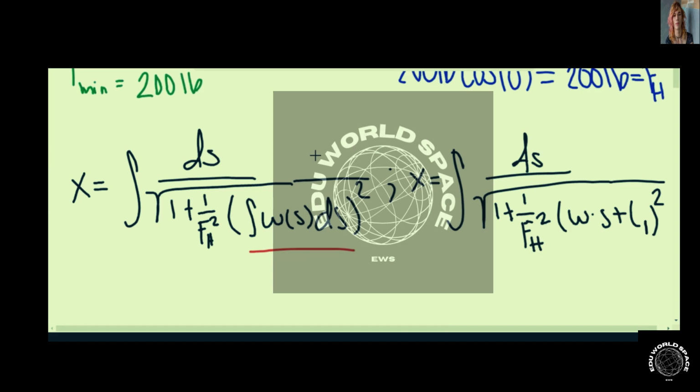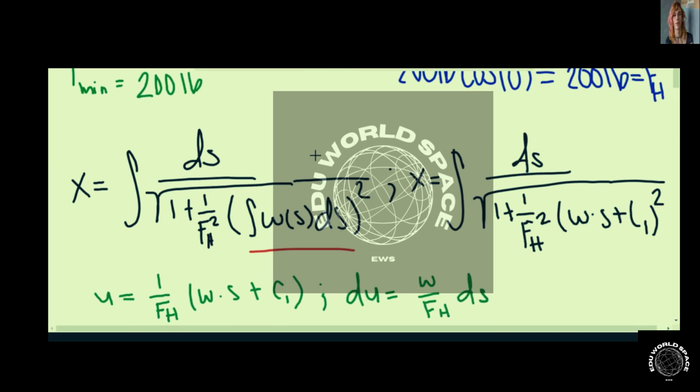Now, if we take the integral of this equation using u substitution, u is going to be 1 over F sub H times w times s plus c1. When we take the derivative of that, we have du equals w over F sub H times ds.